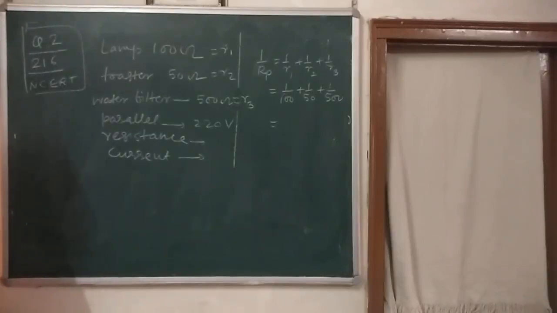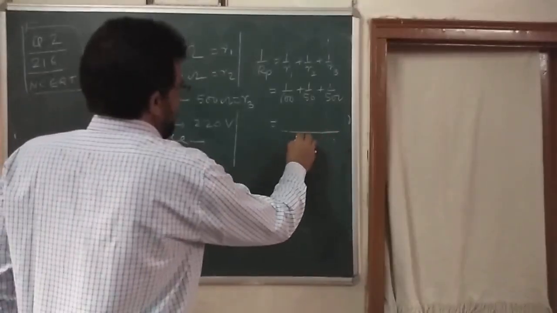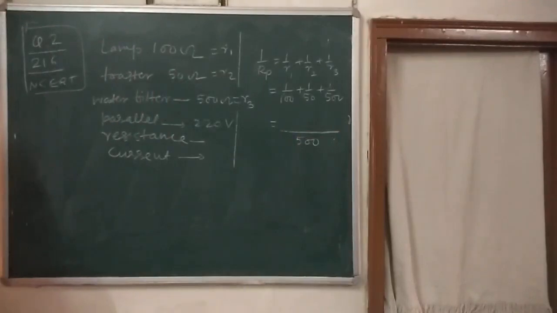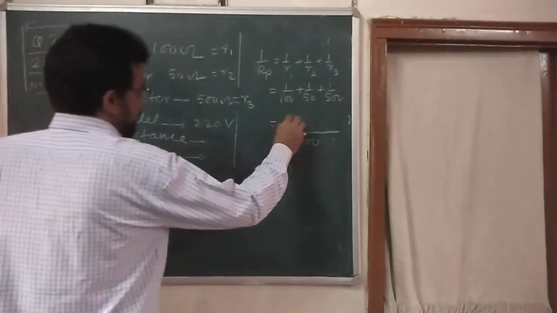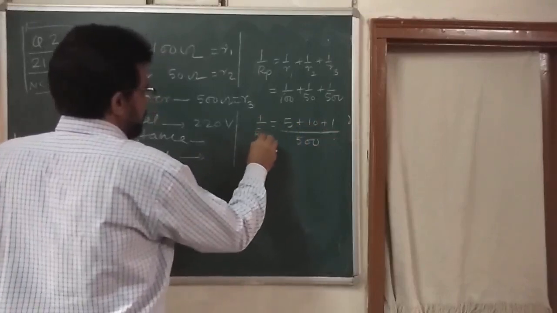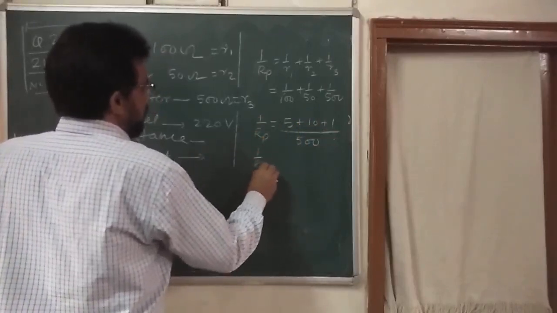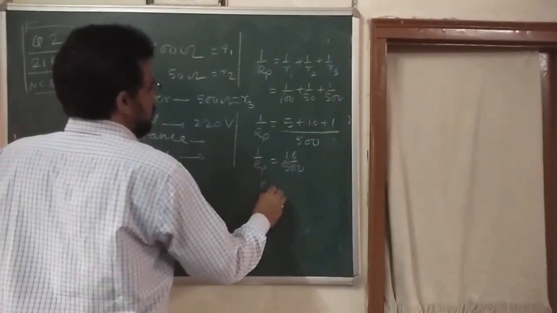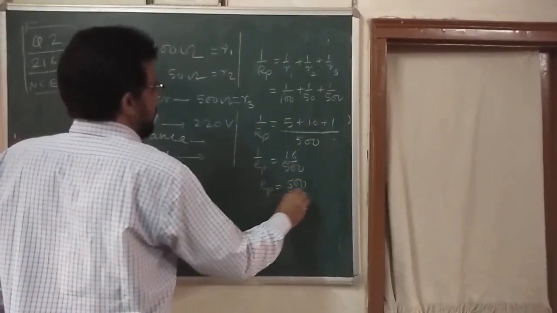Solve it. Take the LCM. 500 is the LCM you may take here. So there it is 5 plus 10 plus 1. 1 upon Rp is equal to 16 by 500. So Rp is equal to 500 by 16.